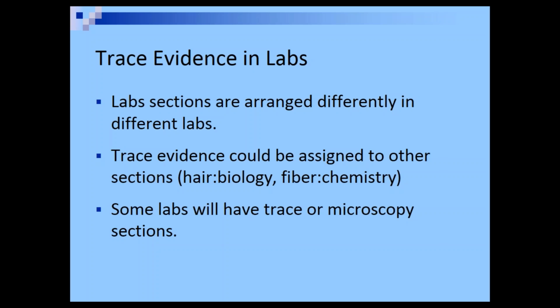So in other words, they'll do fiber analysis of carpets or other textiles, but they'll have somebody in the drug chemistry section do it, somebody who knows how to use the FTIR and the other instruments that you can use to analyze fibers. That way, you're hiring somebody who does drug chemistry full time, and they're contributing to the lab by doing their drug chemistry. But if in that rare situation you do get trace evidence coming to the lab, then they can also help out with that.